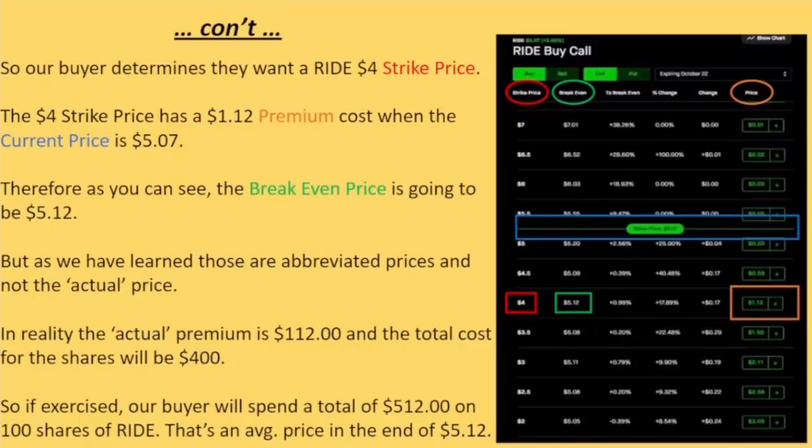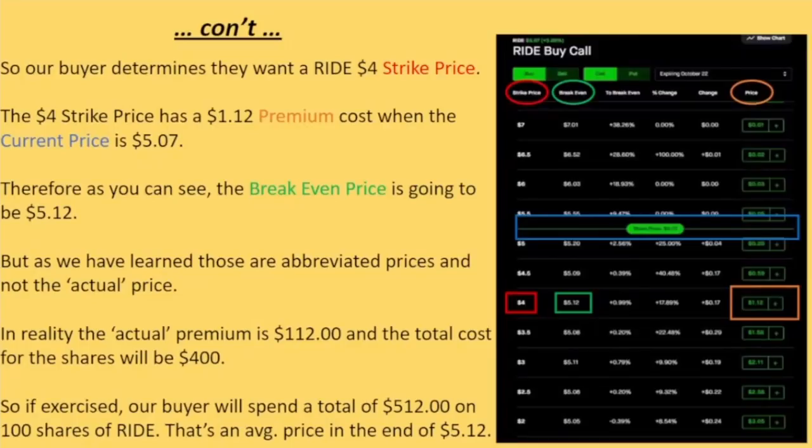And again, we know we'd be collecting 100 shares on an exercise contract. So we can divide that immediately and find out that each one of those shares would have an average price, not be worth, but have an average price of $5.12, which just happens to be our break-even price right there for us too.